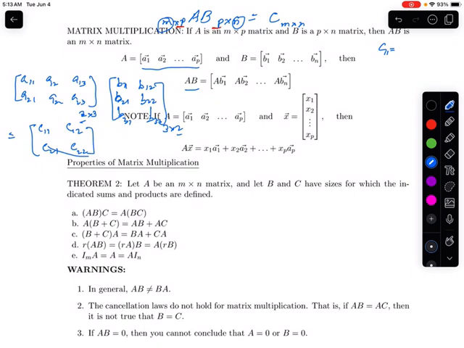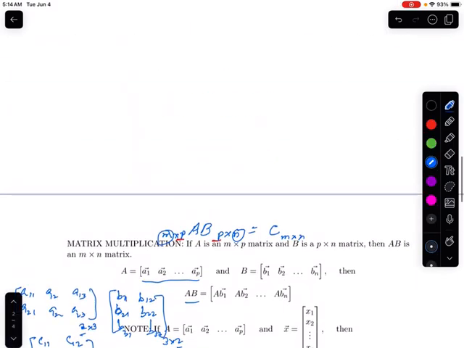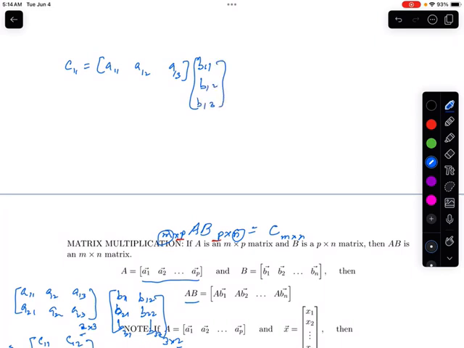Where C11 will be equal to row 1 of A, which means A11, A12, A13, times the first column of B, which is B11, B21, B31, because the rows are changing.